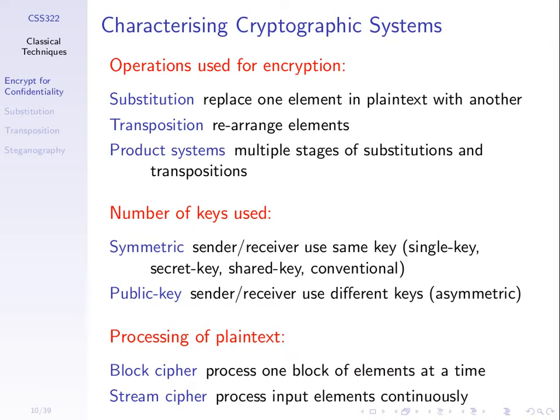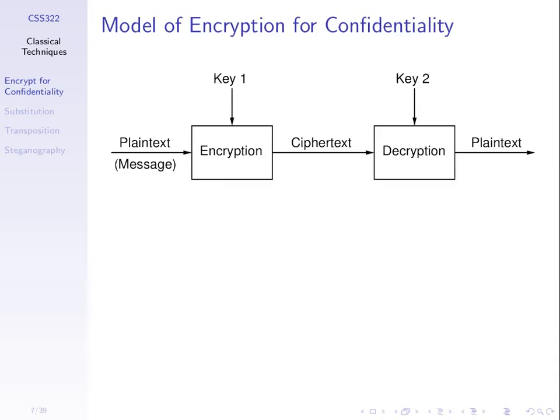The main difference: in symmetric key cryptography, back to our picture, key 1 and key 2 are identical. They are the same, so the symmetry is in the keys. Both use the same value. In public key or asymmetric cryptography, key 1 and key 2 are different values, but related. There's some relationship between them.